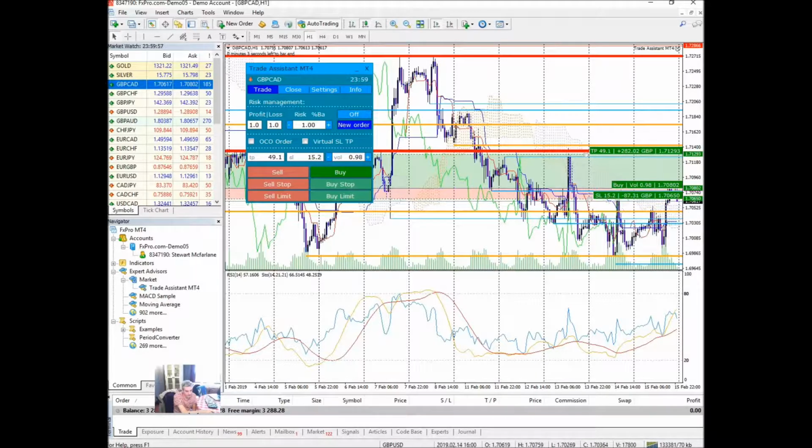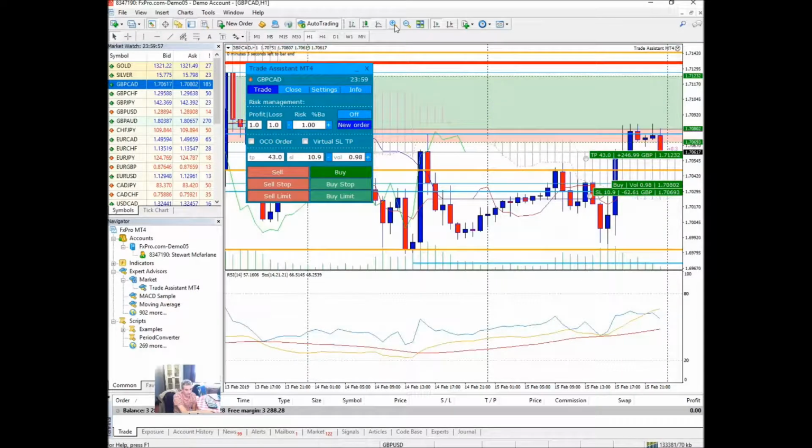Right, that's gone up, down, up, down, up, down. There's probably definitely going to be a rise up there, and we can keep the stop loss quite tight.